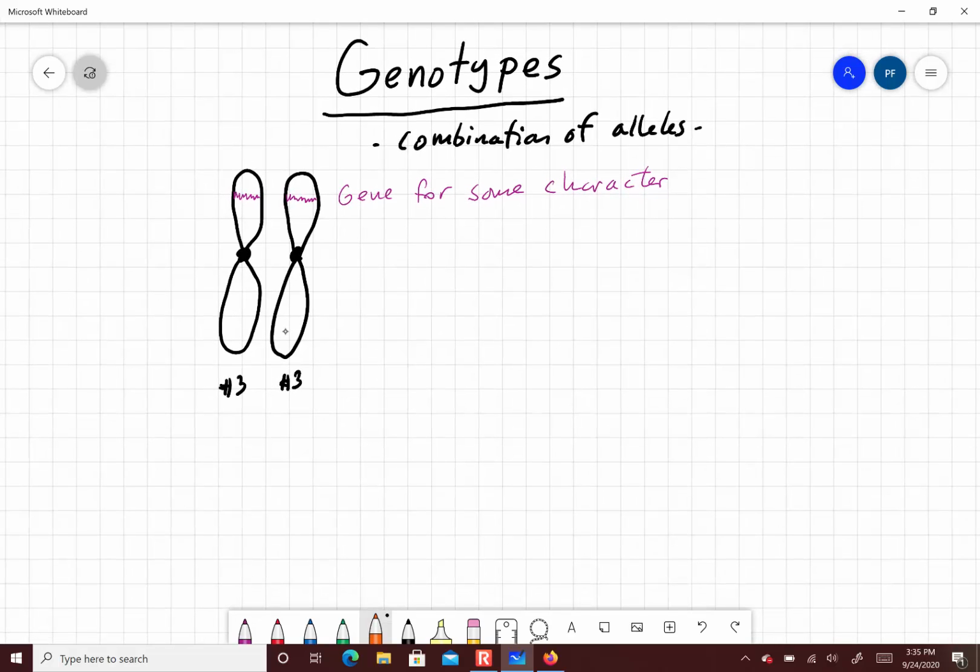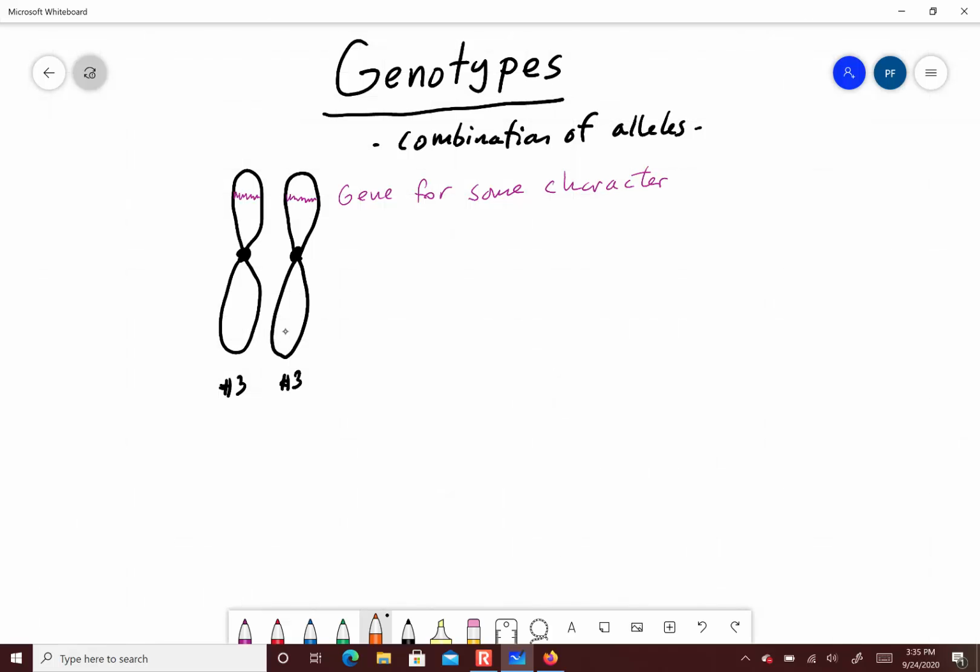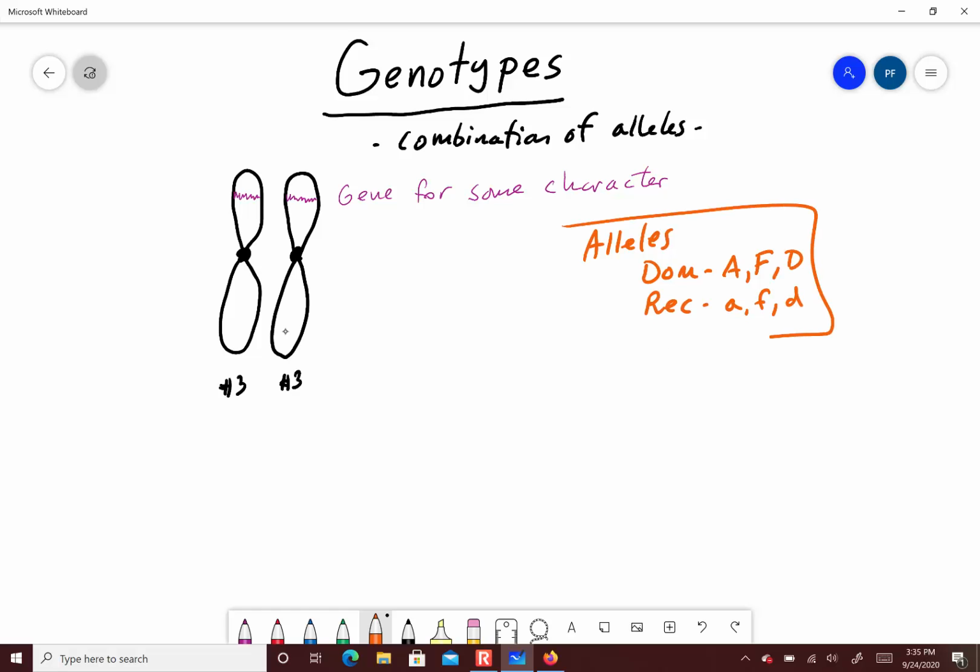So let me remind you real quick of our alleles. When we look at our alleles, what we've said is we can have two. We can have dominant alleles, which we were using uppercase letters for. We can have recessive alleles, which we're using lowercase letters for, like that. So what we're really looking at with these homologous chromosomes in genotypes is for each chromosome, what's present, dominant allele or recessive allele.